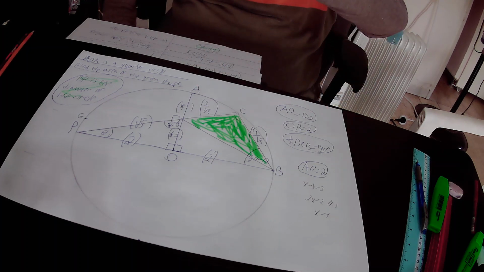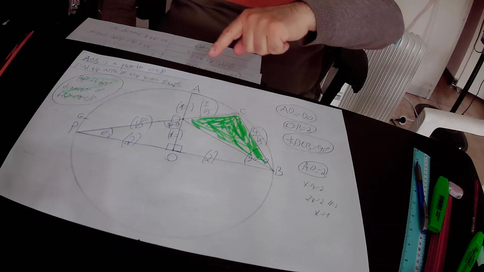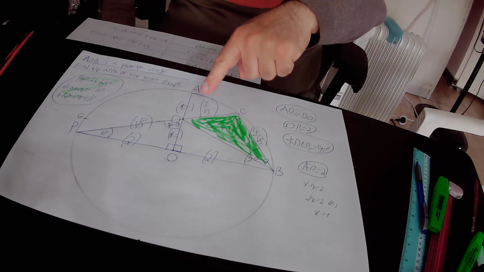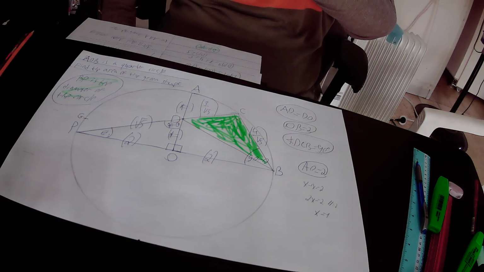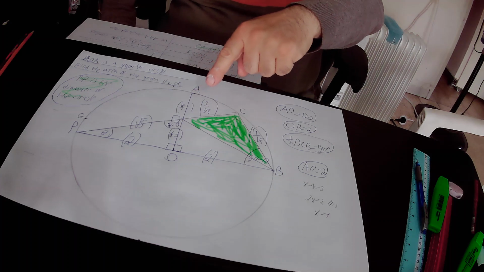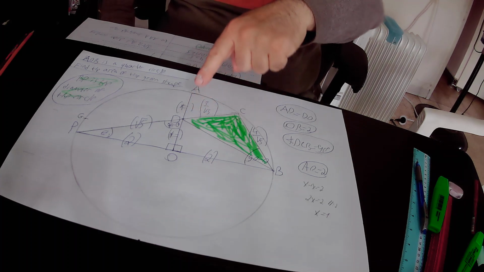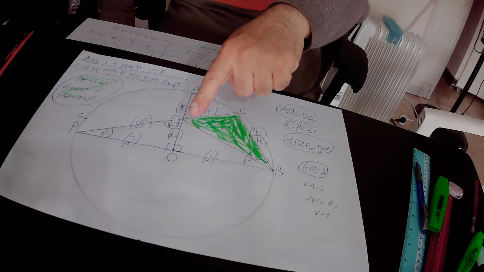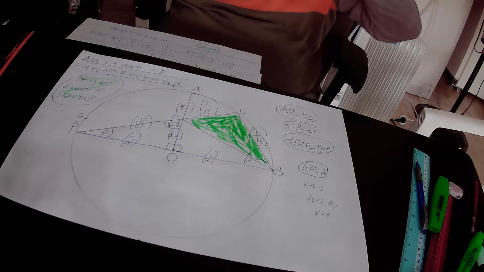AO equals 2, and we also know that AD equals DO. So if we define AD as x, then DO must also be equal to x because they are equal to each other. AD plus DO is x plus x, that is AO.